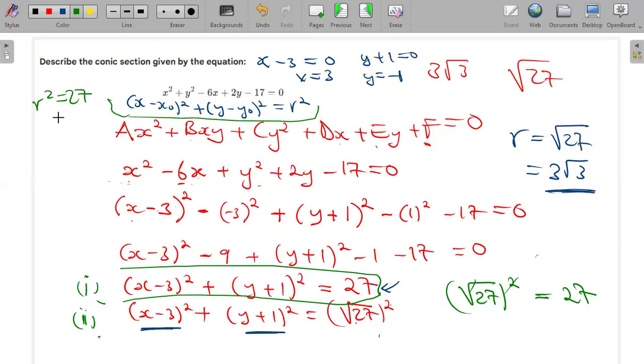But then our radius is not r squared. Our radius is just r. So if you take the square root there, of course, we're not taking plus or minus here because we need a positive answer for the radius.